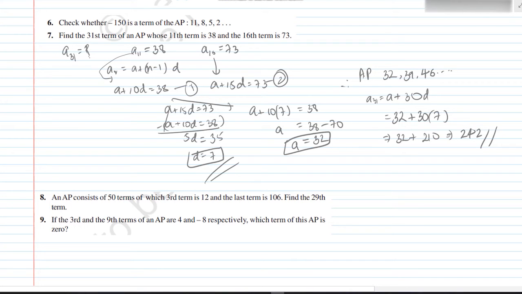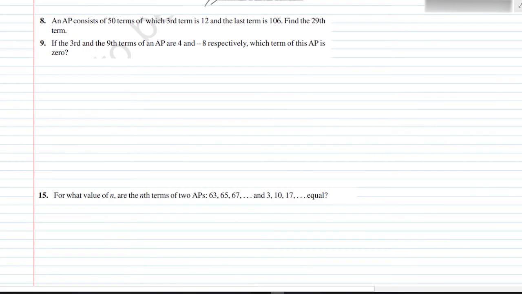Fine. Done. Eighth question: an AP consists of 50 terms in which the third term is 12 and the last term is 106. So in this question, n is equal to 50. Fine, 50 terms are there, so the number of terms is 50. The third term, a_3, is 12, and the last term, a_n, is 106. Find the 29th term.